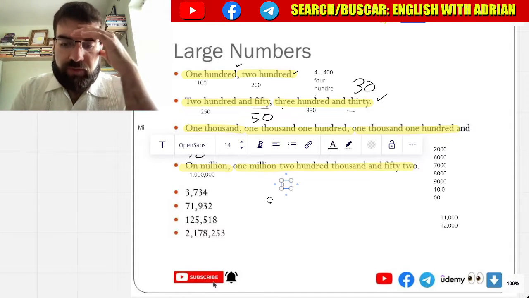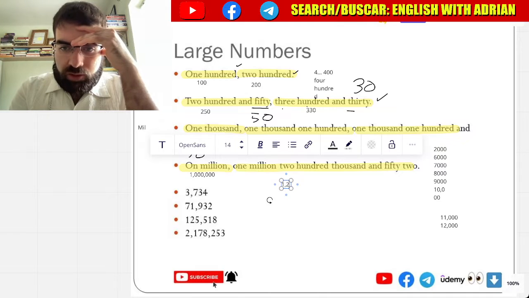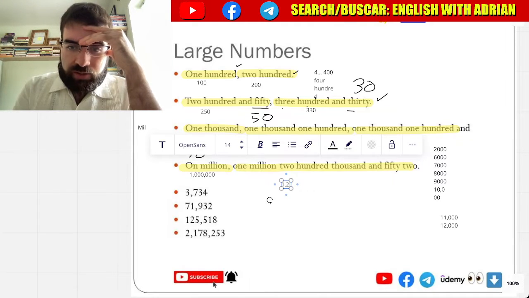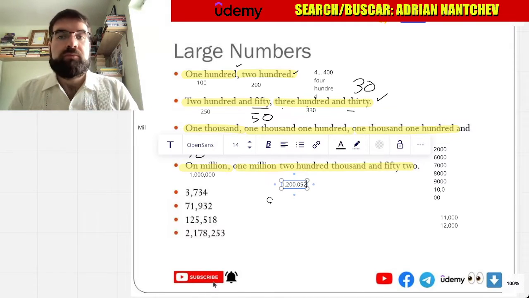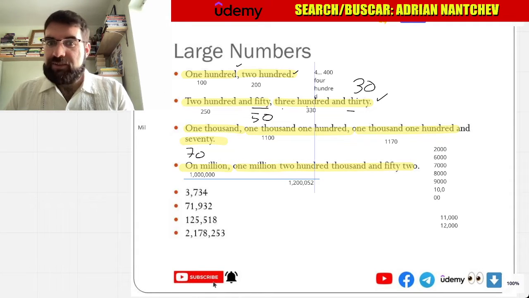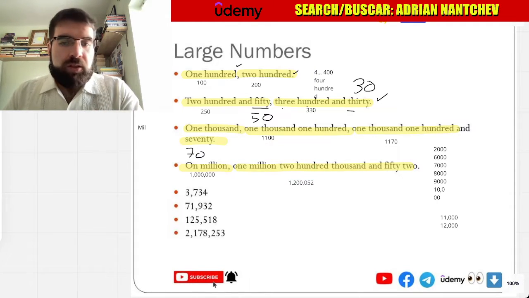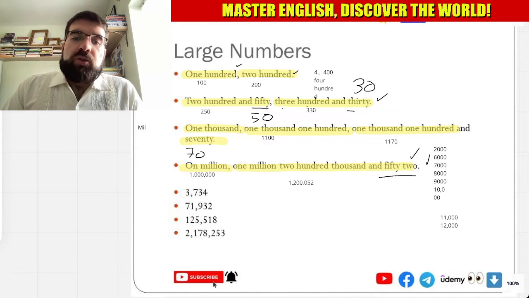So 1,200,000. 1,200,052. Muy bien. Hay muchos números. Números grandes. Otra vez. So 1,252,052. Muy bien.